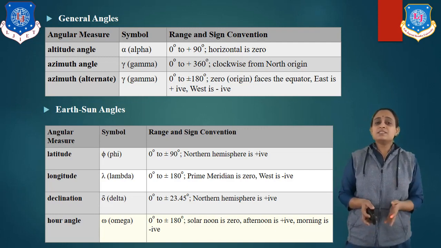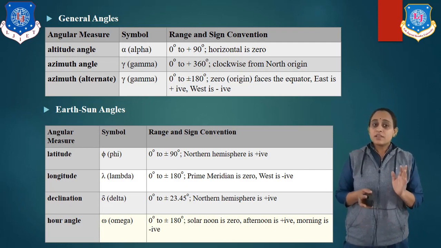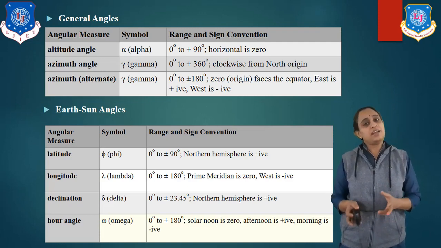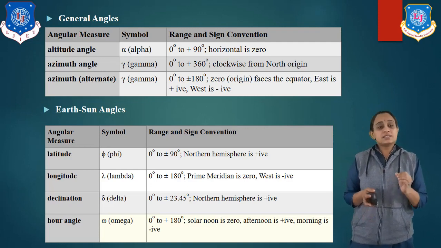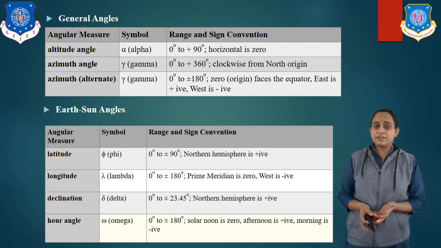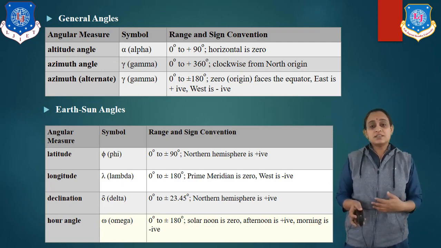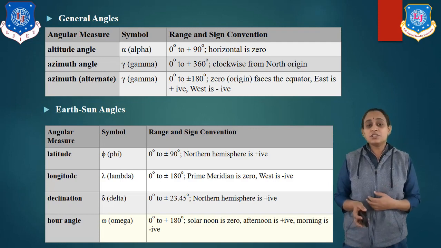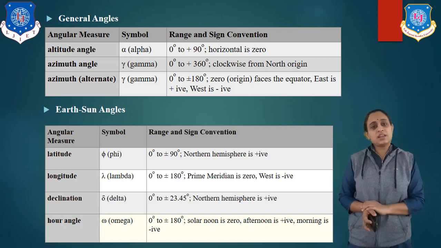Now let us check the earth and sun angles. These angles are latitude, longitude, declination and hour angles. Latitude angle, if measured in northern hemisphere, is considered positive, and longitude angle at prime meridian is 0. From west to east it is positive. Now let us consider the declination angle, which is positive at northern hemisphere and negative in the southern hemisphere.